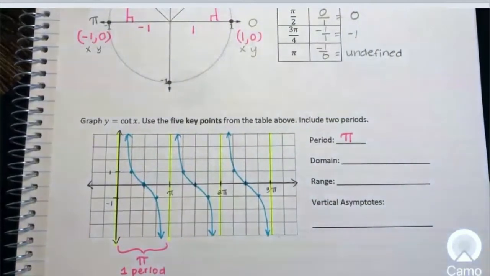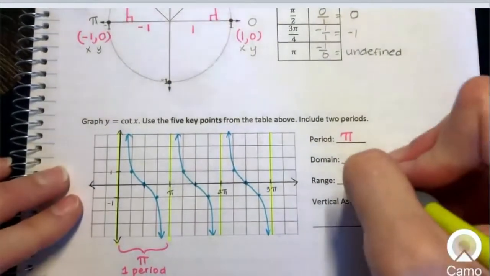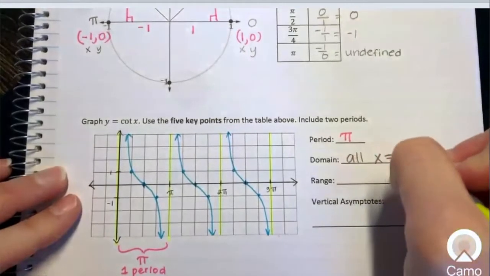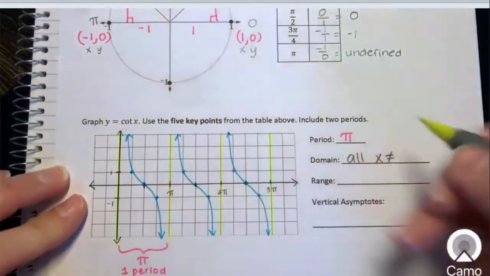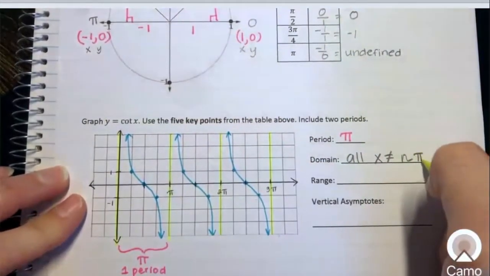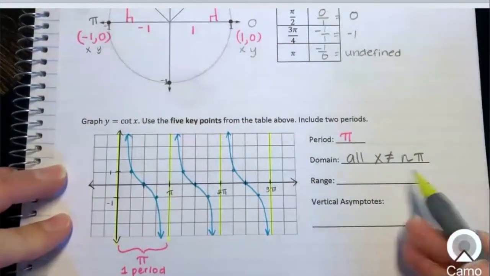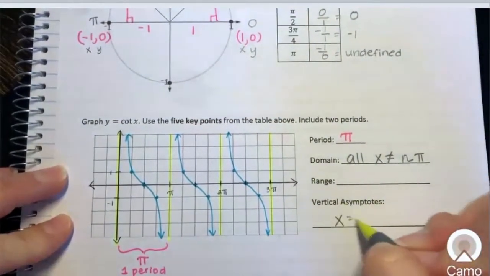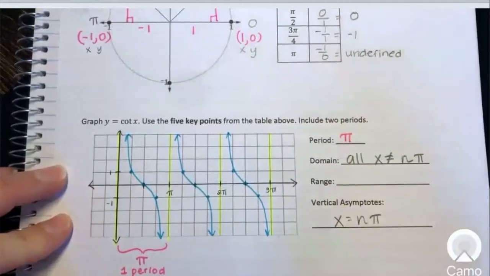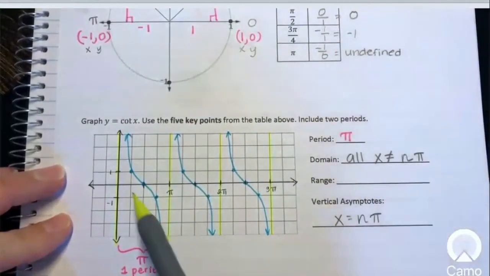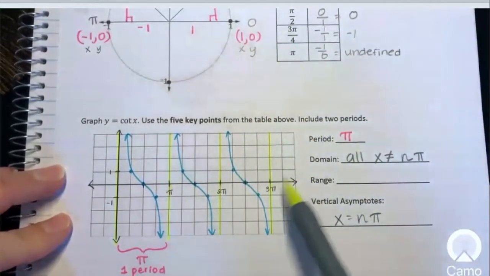So in this case, the domain are all x values that do not equal any number times the period pi. So we could say our vertical asymptotes would equal any number times the period pi. So we're going to see they occur at pi intervals.